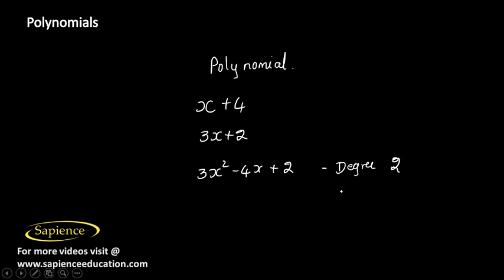So what are the conditions for a number or a term to be considered polynomial? There are two conditions. The first one is the coefficient of the variable should be a real number.